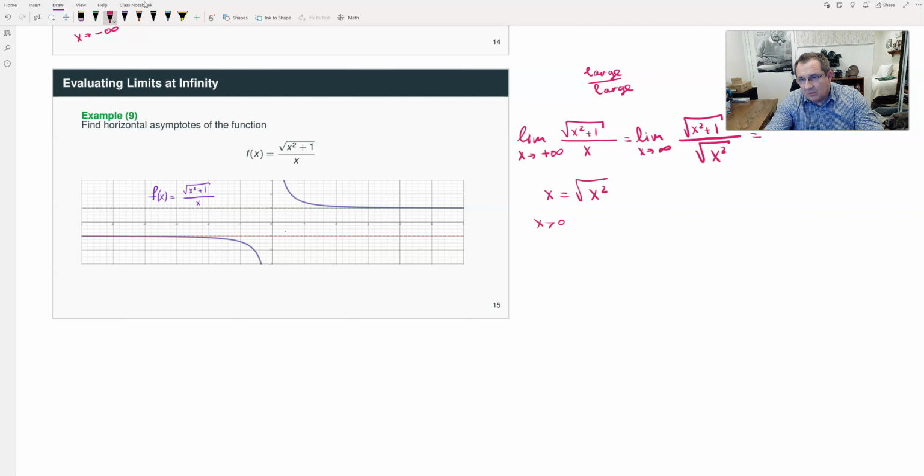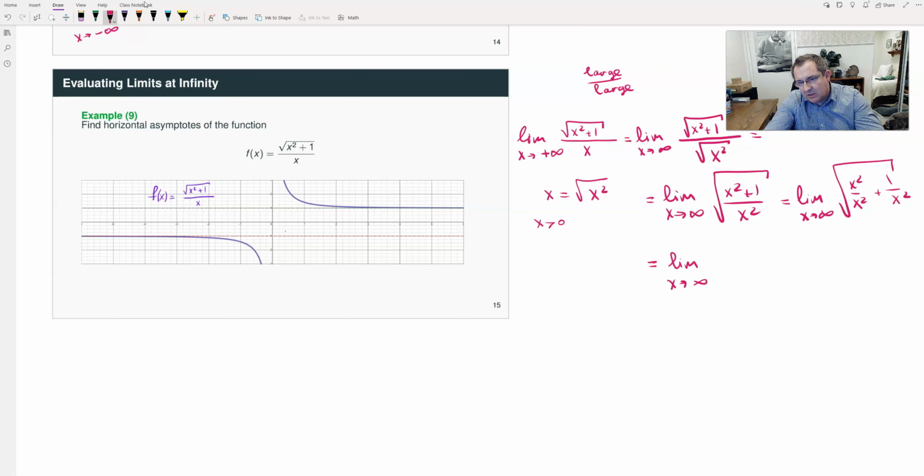Then we can go ahead and combine the square roots into the square root of a fraction. And then we break the fraction into 2. So it's going to be x squared over x squared plus 1 over x squared. And finally, we will simplify and we will be ready to evaluate the limit.